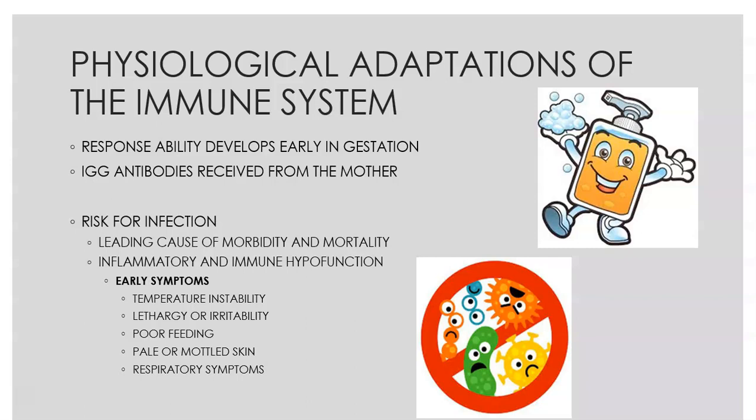So with infants, what may seem like minor infections to the rest of us as adults can be serious infections for them. So ensuring things like hand washing and good hygiene are absolutely important to protect baby's immune system.